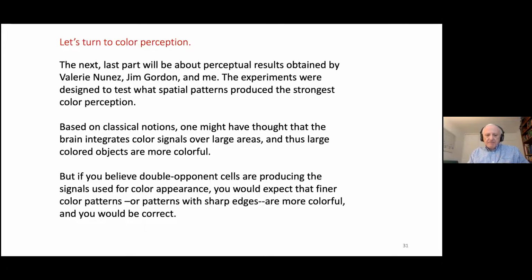Because based on the ideas of before now, you might have thought, because color is painted on and it's low pass and it's surfacey, that the brain would integrate color signals over large areas, and thus you think that large colored objects would be more colorful. But if you believe double opponent cells are producing the signals for color, then you'd expect that fine color patterns might be better.